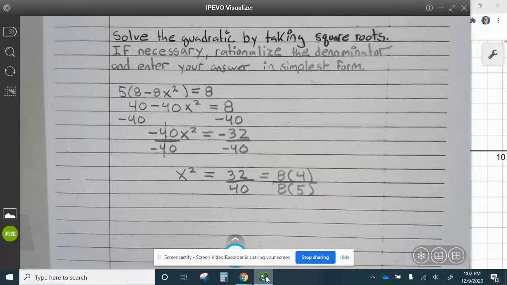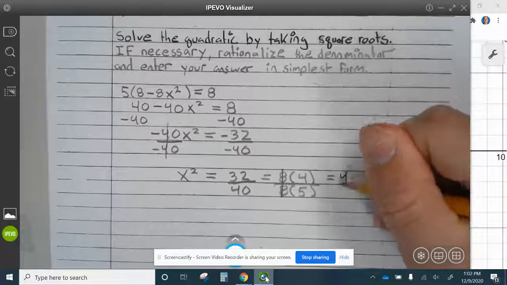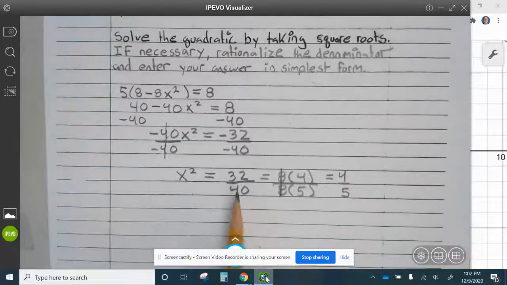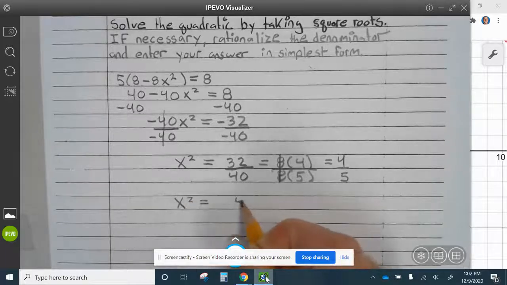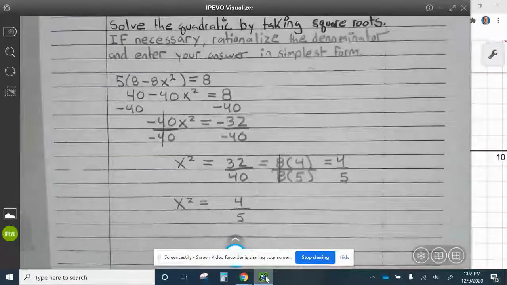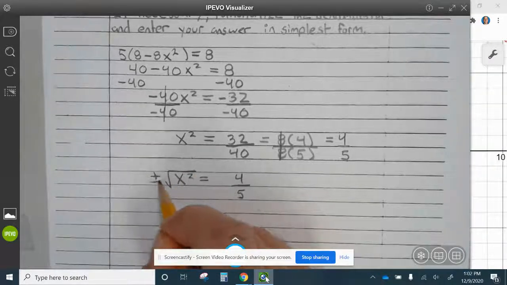Okay, that helps us because 8 divided by 8 is 1, so this is equal to 4/5. So instead of trying to work with the 32 divided by 40, now we can work with the 4/5. So we have x squared equals 4 divided by 5. Okay, we're going to take the square root of both sides, plus or minus.